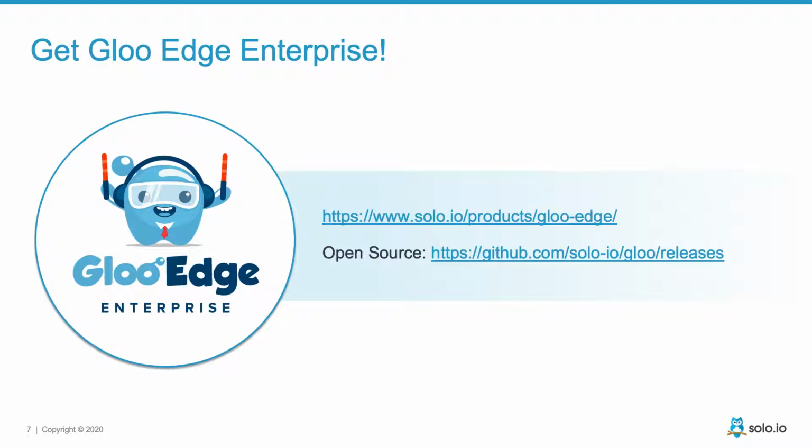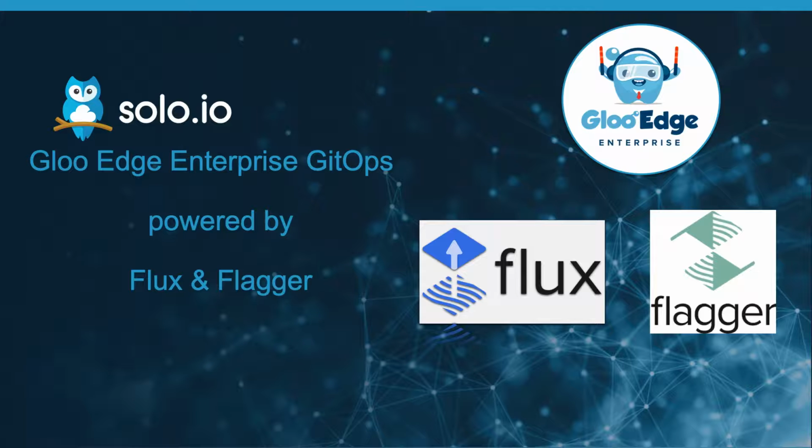Do take a bit of time to look at our product pages on Gloo Edge and other products. This demo does assume you are familiar with API gateways and probably GitOps and Flux and Flagger to a degree. So if you're not, go back to our product pages and the Flux and Flagger product pages as well.